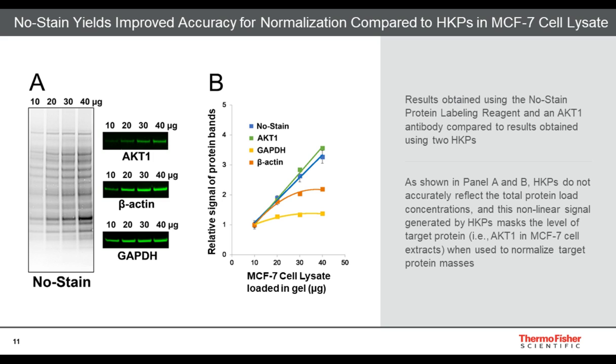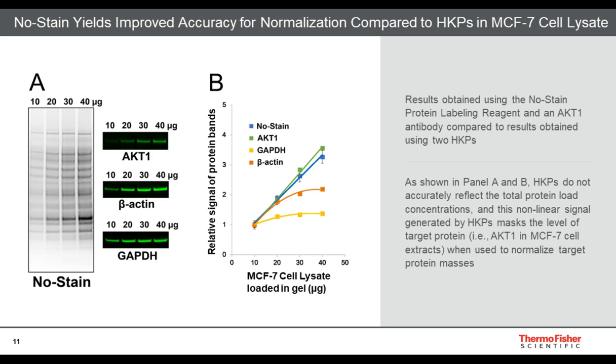And again, as you can see, the signal from 10 to 40 microgram does seem linear and proportional to the protein load. We don't really see saturation here. And when you plot this, which is the blue line in this graph, you are getting a linear signal.